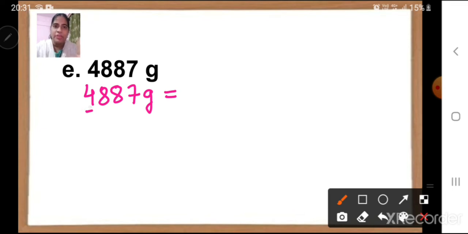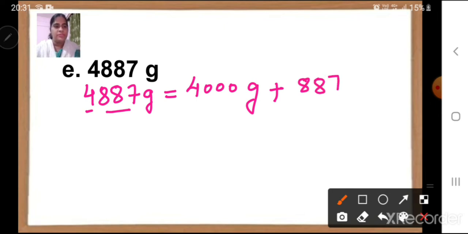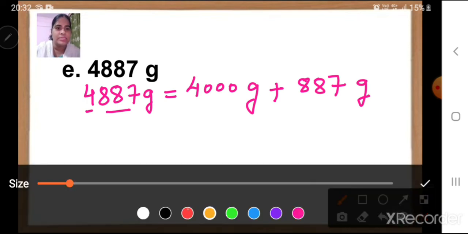So the place value of number 4 in thousands place is 4,000. So when we expand, how we will write? 4,000 grams plus what is remaining here? 887 grams, correct? If you add, you will get the same answer. 4,000 plus 887 is 4,887, right? This is step 1. Step 2 is we are going to convert 4,000 grams into kilograms, correct? Because it is easy.